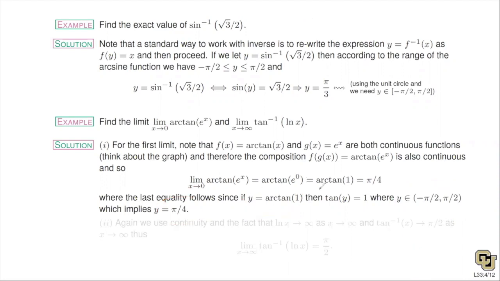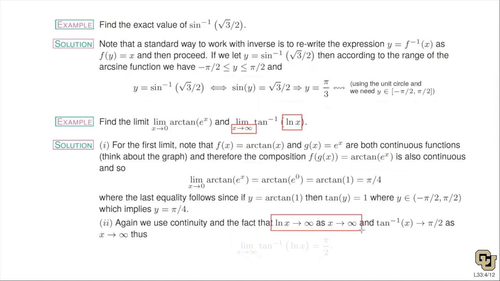So converting this to a trig problem is really a standard technique for working with these inverse trig functions. For the second limit, I'm just analyzing this piece by piece using continuity again. Here there's this inside function ln of x. So I want to ask myself, when x goes to infinity, what happens to ln of x? Well, as x goes to infinity, we know from the graph of the natural log that ln of x blows up to infinity.